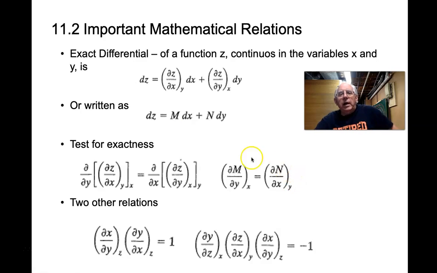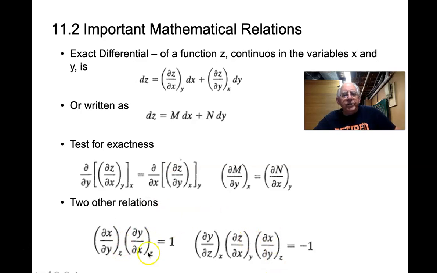And so if we were to put the value in for M, in essence, all we're really saying is that the second partial of z with respect to x and y is equal to the partial of z with respect to y and x. And so that is the test for exactness, if this holds.